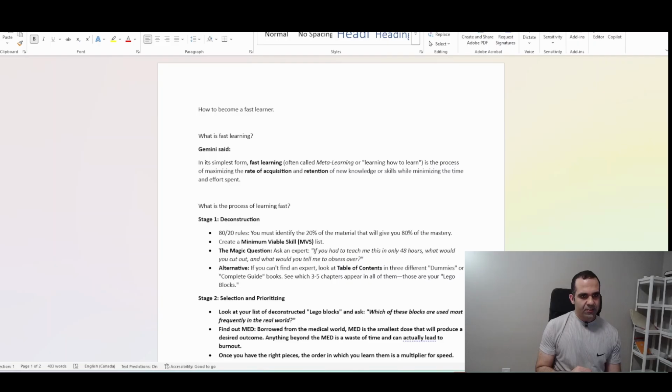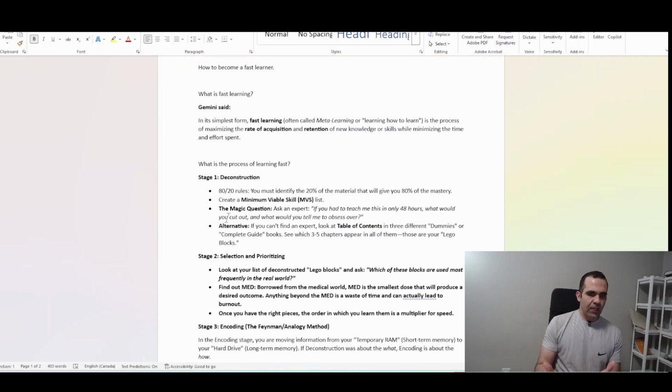In the first stage, we deconstruct the topic into different parts. Now we have many small topics. In stage two, we select and prioritize the topics that we should learn.